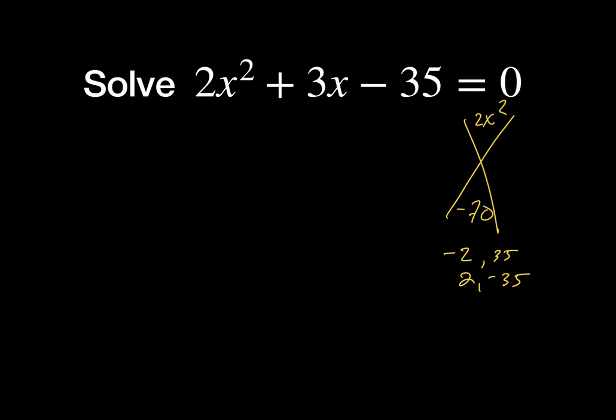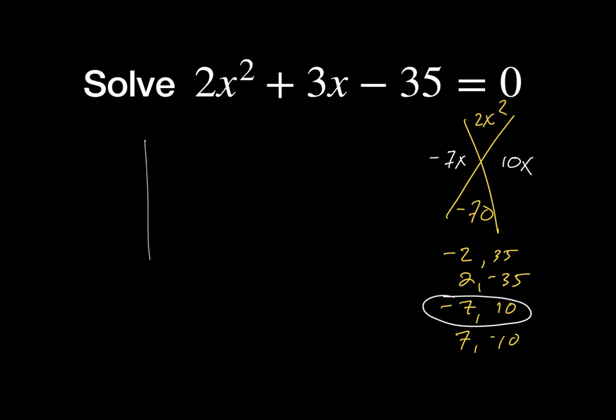What else multiplies to 70? 7, so I guess negative 7 and 10. 7 and negative 10. Do either of those 2 pairs add to 3? Negative 7 and 10. Negative 7x, 10x are the 2 numbers in that x box.